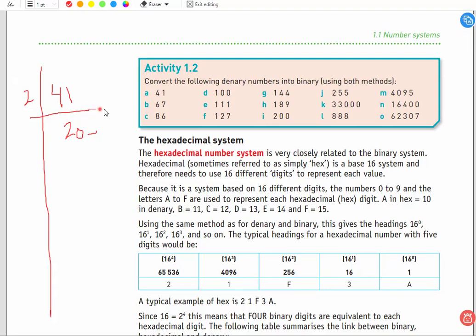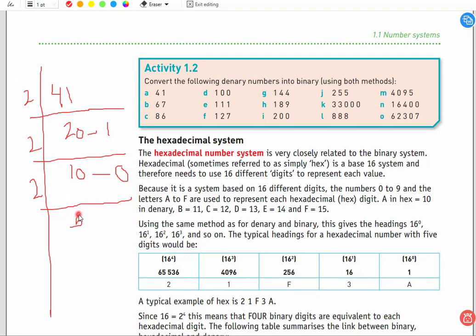Okay, here the result will be 1 because we divide and the remainder is 1, the answer is 20, and then 1. Once again, we divide 20 by 2, so 10 will be the result and we get 0 remainder. Then we will continue, dear students, in that way, 2 into 5.